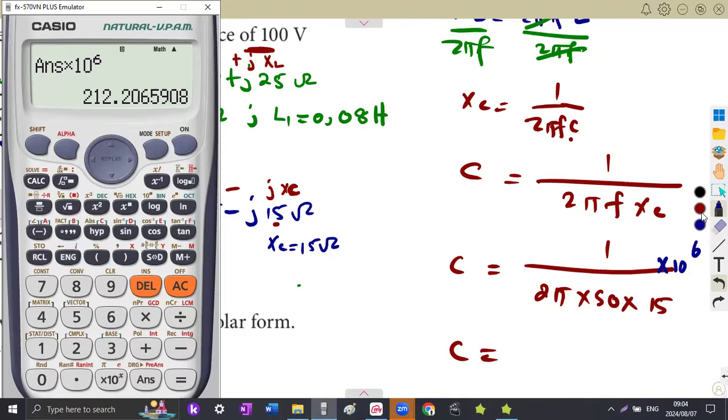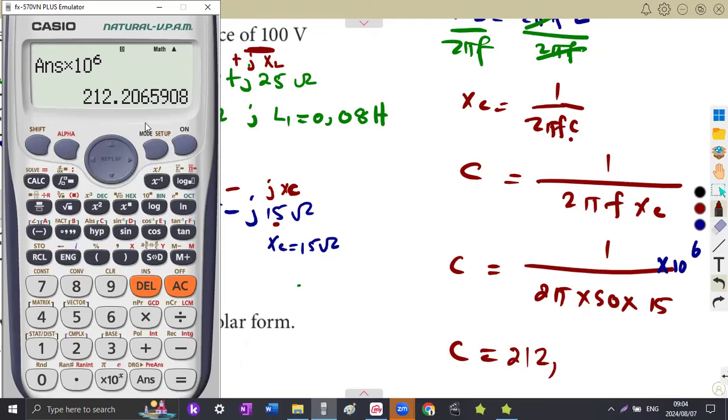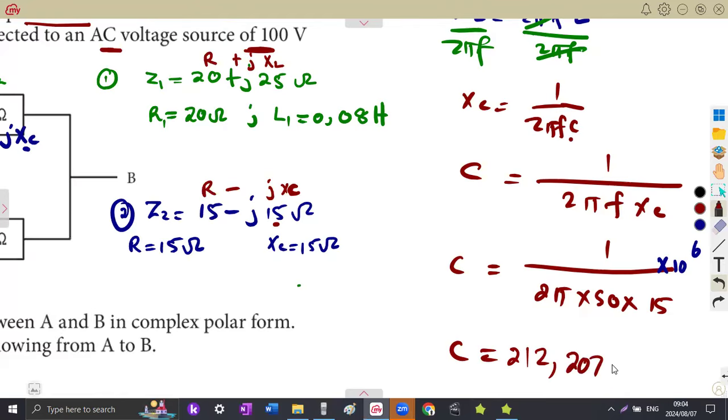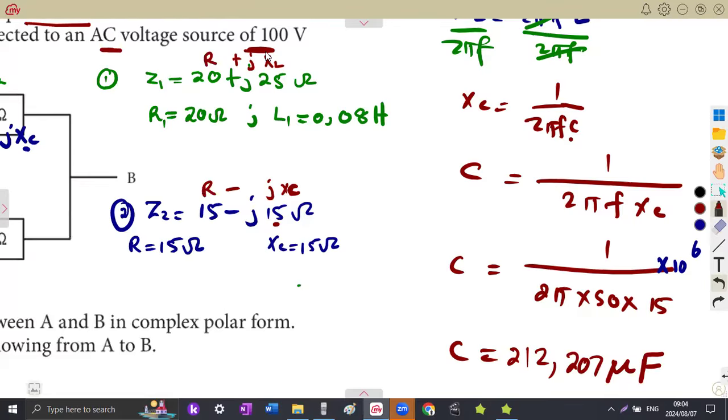So if you multiply this answer here by 10 to the exponent of 6, it is going to give us 212.207. The answer there is automatically in the microfarads. By multiplying by 10 to the exponent of 6, you are converting directly to the microfarad.